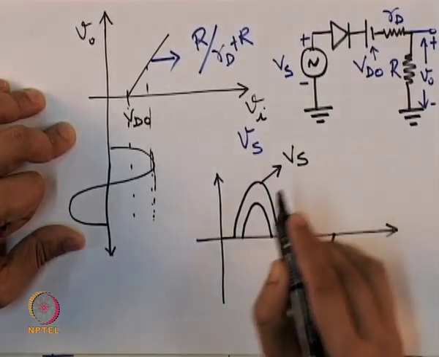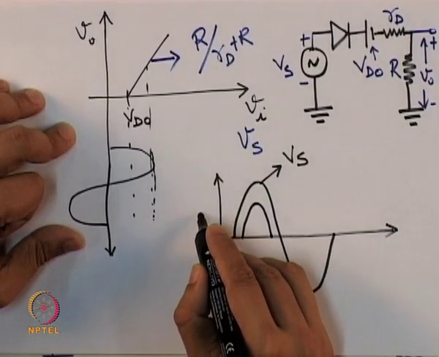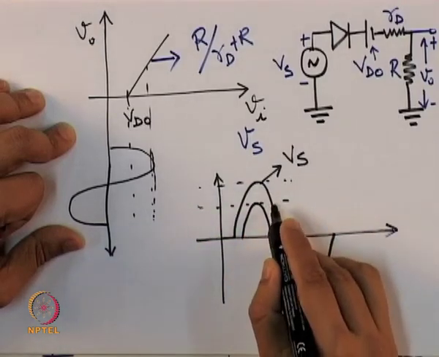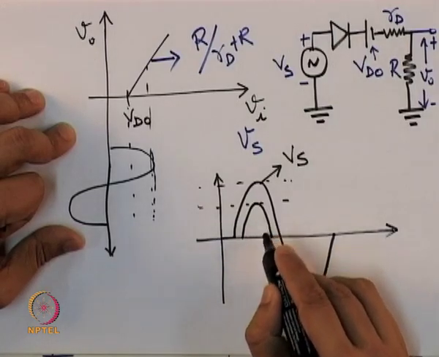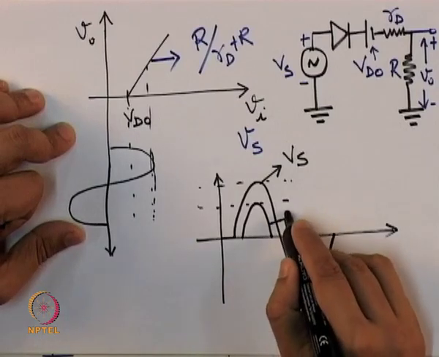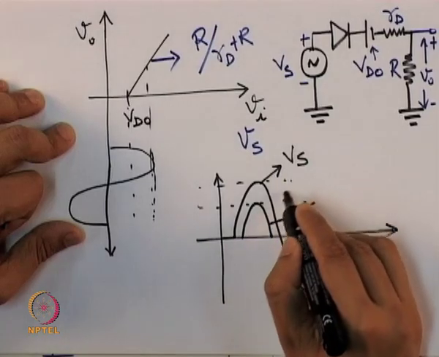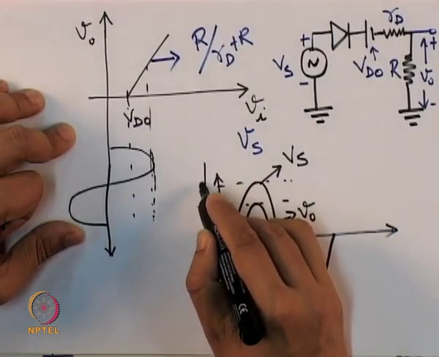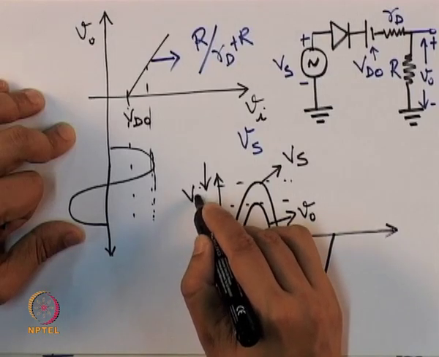This is Vs, and this is what the supply voltage is, and this inner curve is my actual output. This is V 0, and the spacing between the peaks of Vs and V 0 is V d 0.